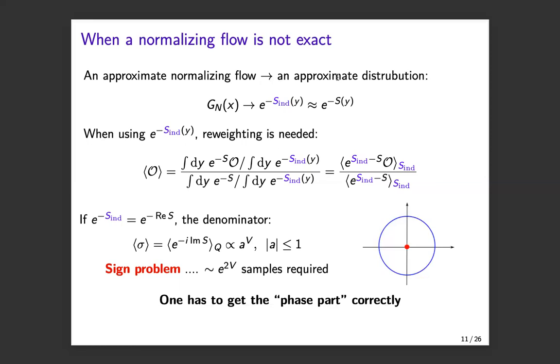And you can naively see that as you make the lattice size bigger and bigger, the average sign drops exponentially with the volume, because you can naively think that your path integral factorizes into local terms, since lattice theories tend to have only local interactions.